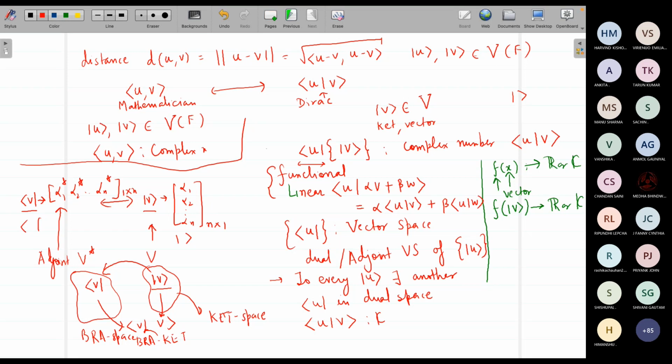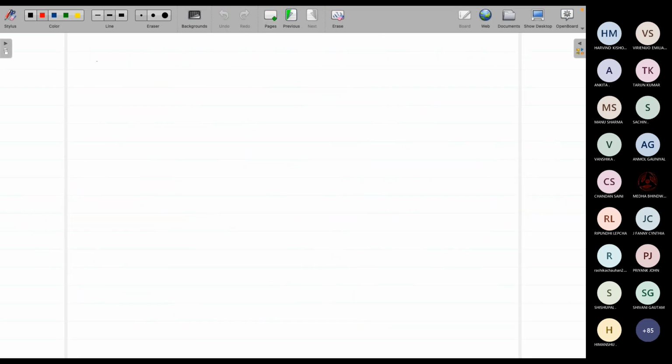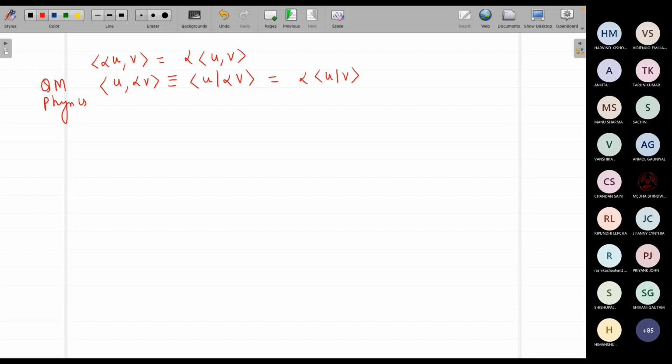Of course, one notation difference which you may have already seen, if you look at, for example, Shom series. In the mathematics book, if they write alpha u comma v, this is what they define it as. Whereas in quantum mechanics or physics books and in our classes, we define it as this, which is basically identical to writing this, this is what is defined as alpha u comma v.